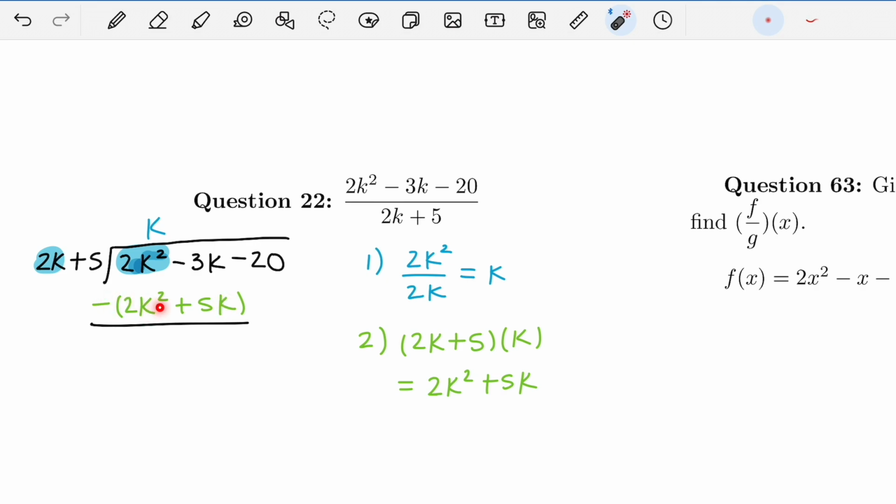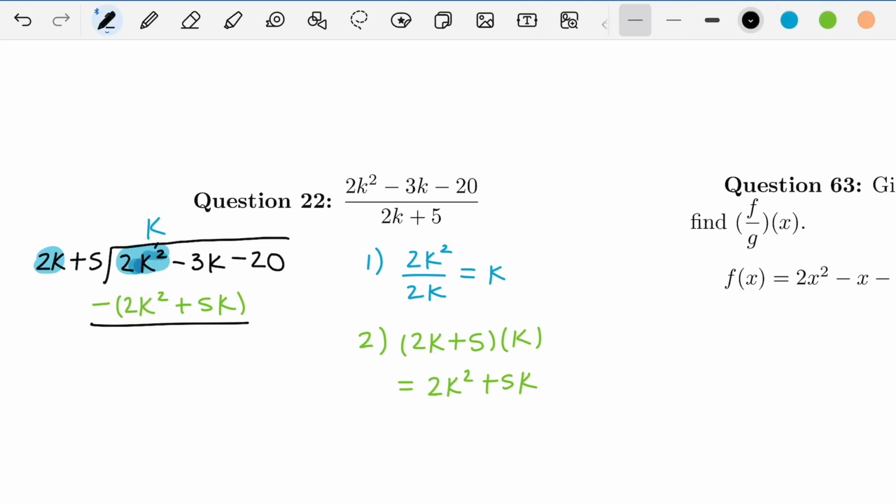So we're going to have a minus 2k squared minus 5k. So this 2k squared up here and this minus 2k squared, they're going to cancel. And then we have minus 3k minus 5k, so this will give us a minus 8k. So next what we want to do is bring down this remaining term here, so this will be minus 20.